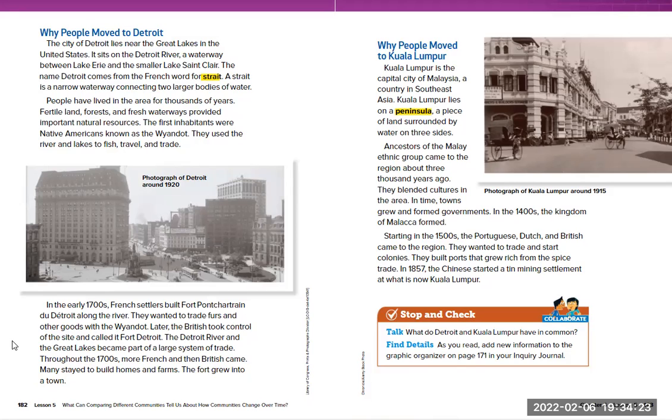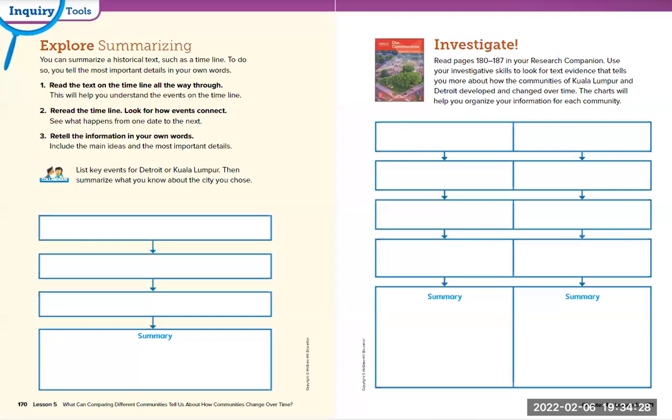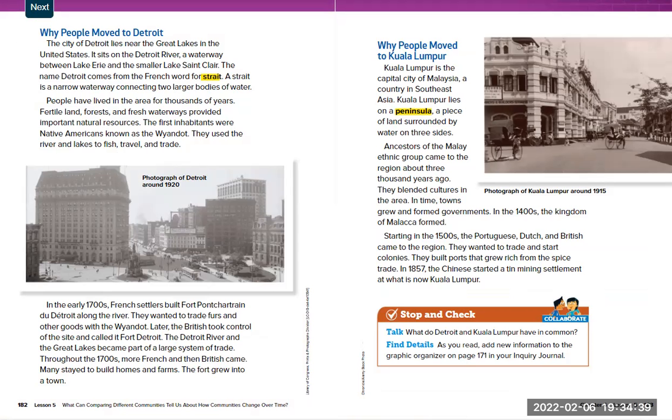This is all about Detroit. So if you remember on the previous workbook page, we talked about one side you're going to label as Detroit, the other side you're going to label as Kuala Lumpur. So if you found any interesting details, make sure that you wrote them here. Some interesting details that I found would be that it is between the Great Lakes, and it's on the Detroit River, and that the name comes from the French word for strait.